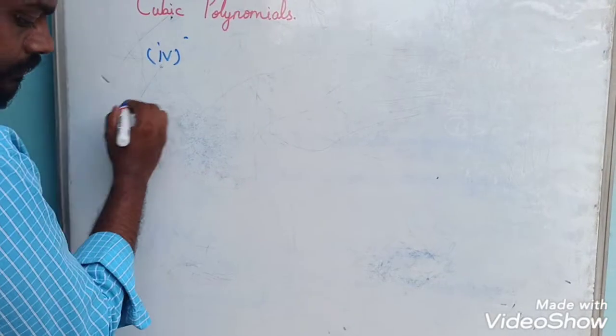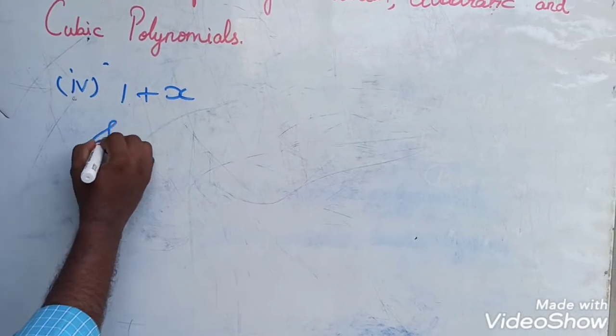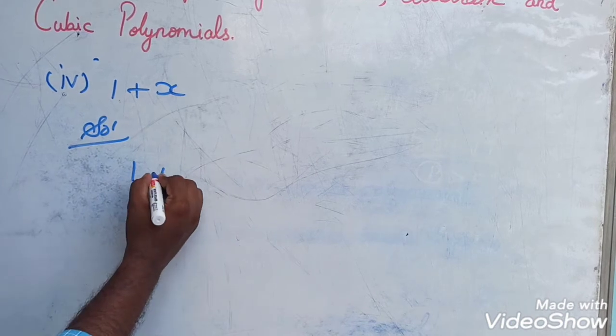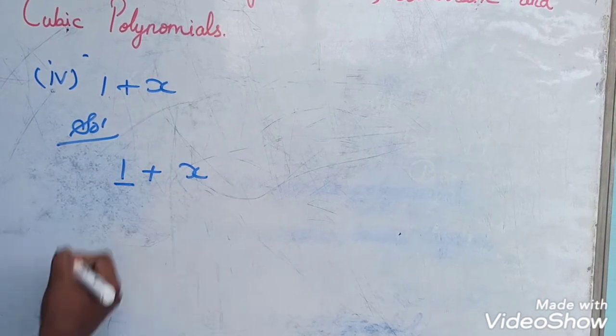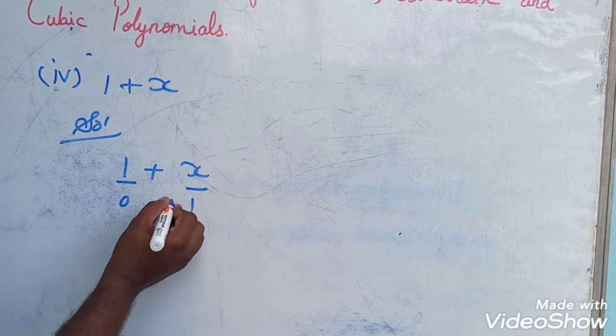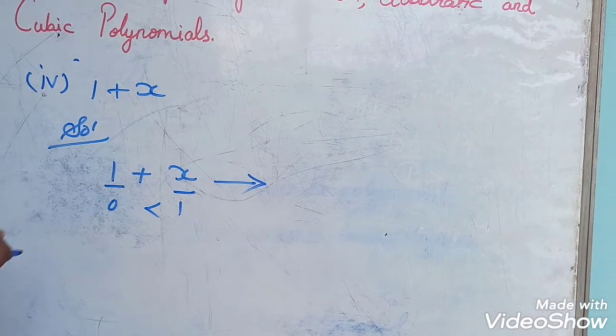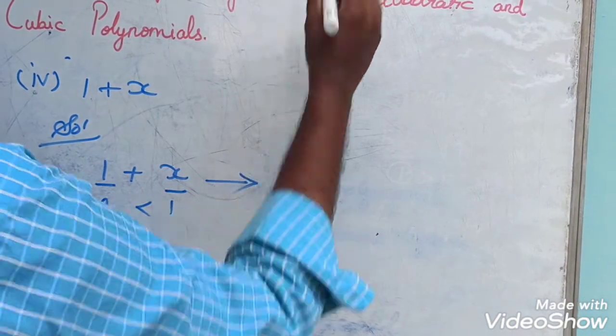Fourth one, 1 plus x. You already know that the degree of the constant 1 is 0. So 1 is greater than 0. An expression which contains 1 as its degree is linear.